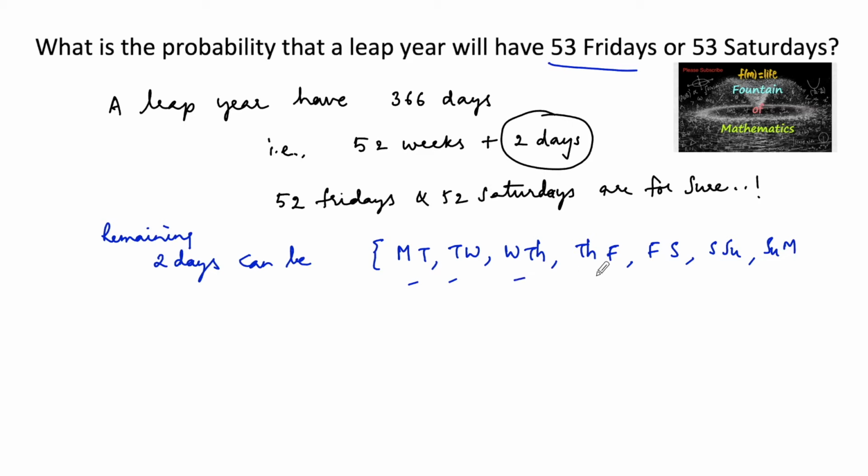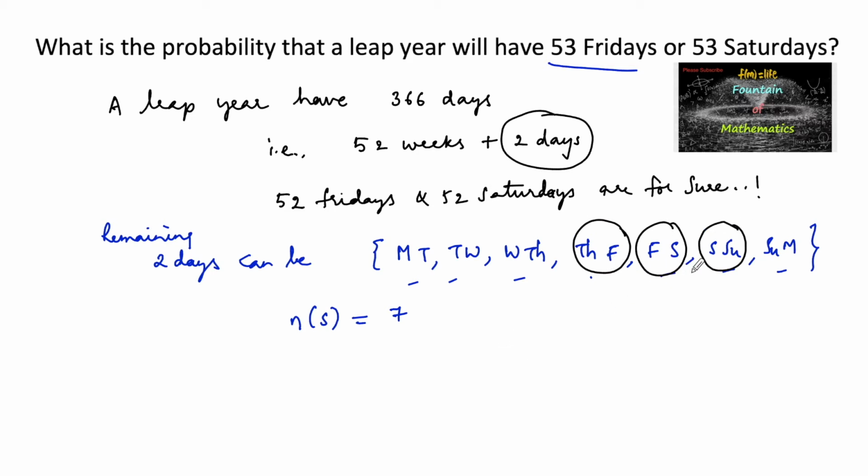So we have 1, 2, 3, 4, 5, 6, 7. So that is the sample space, number of elements in sample space is 7, out of which we require Friday or Saturday. So Friday is here and Saturday is here.